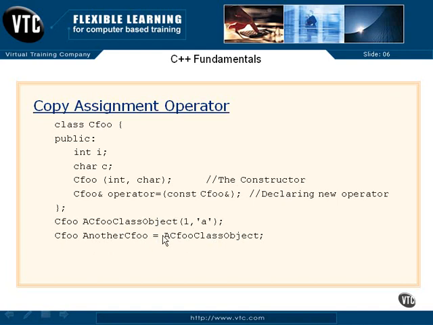So when the compiler sees this equal sign being used with the same class on either side, it will understand to go find this function that we will have defined that says exactly how to move these members of the cfoo class, whatever they happen to be. And if new strings or new buffers have to be created, then that reassignment of the operator function can take care of those things. Okay, so that's the copy assignment operator and the copy constructors that we needed to have some information about.